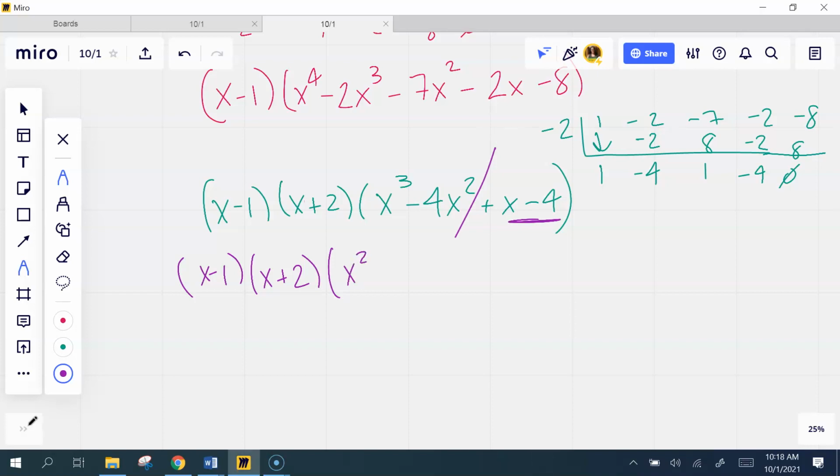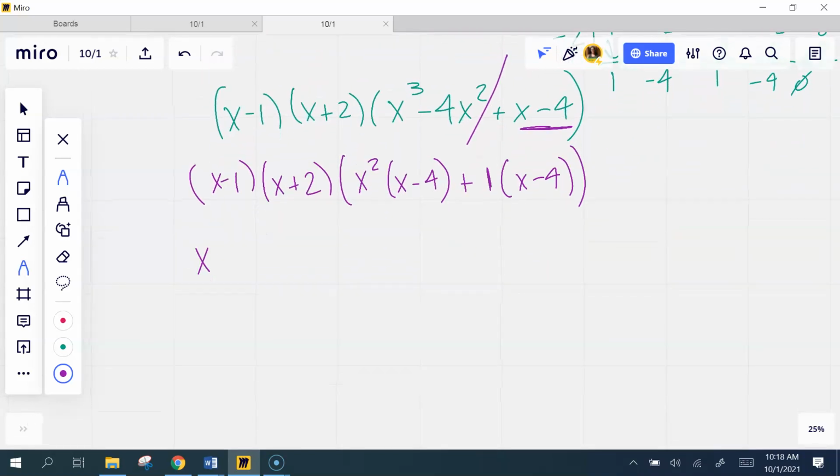First sign, can't take anything out, so I'm going to take out a 1. x minus 4. This took me a while to get to this point, but I'm finally here where I have factored completely.